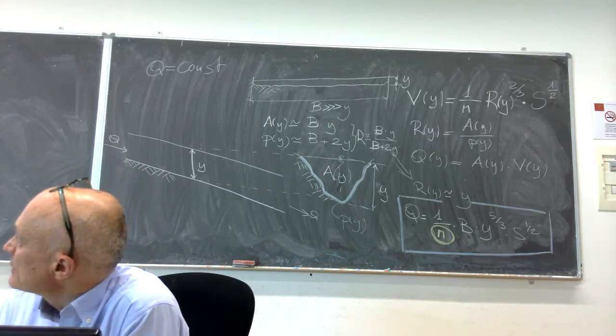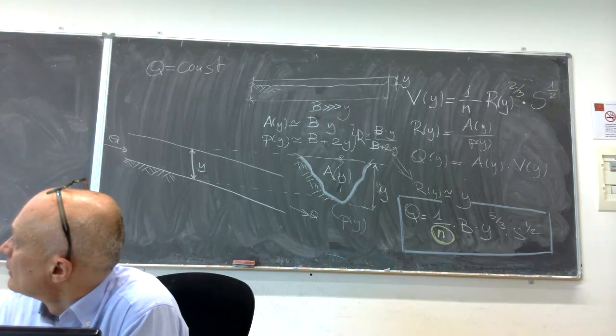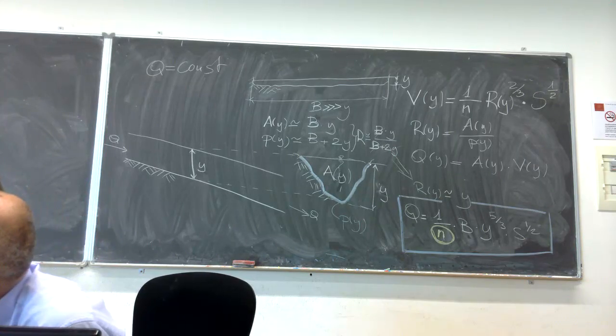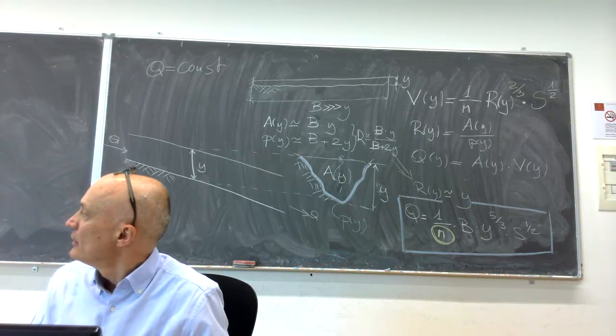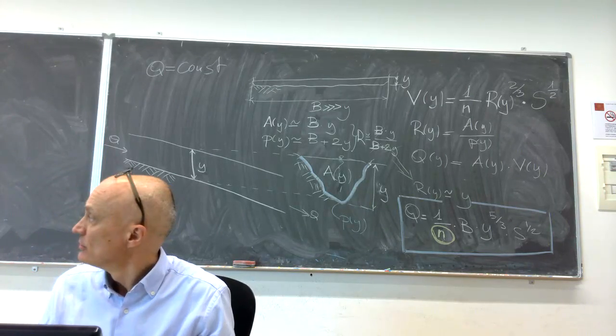Then, discharge, which will be in cubic meters per second. How do I compute this? With the area multiplied by the velocity.